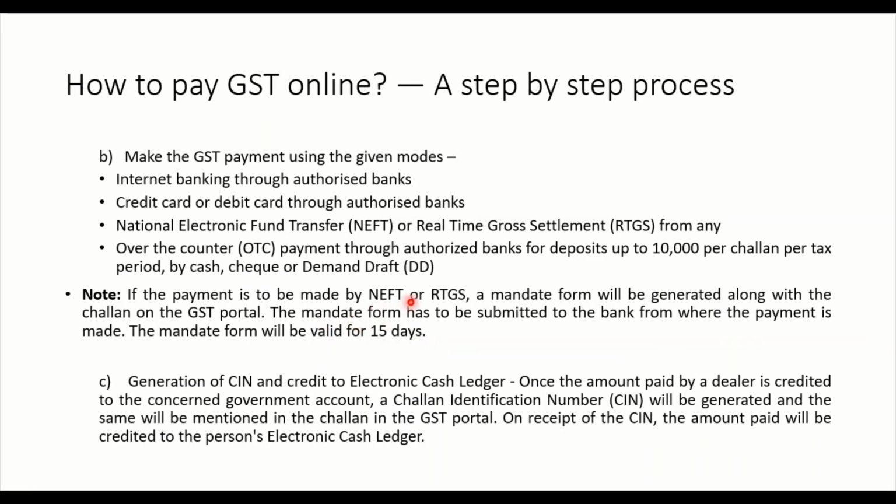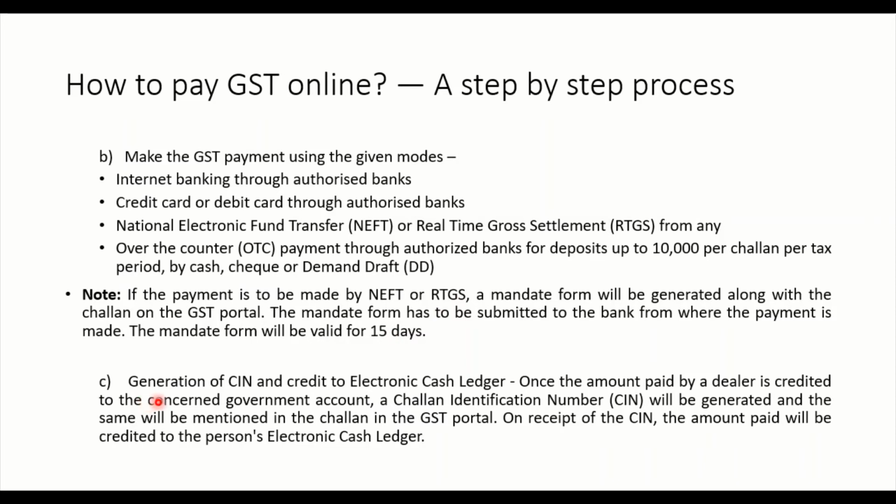If you want to make GST payment through NEFT or RTGS, you have to generate a mandate form on the GST portal, because NEFT and RTGS have a unique transaction number, and it takes time to know that the transaction was yours. That mandate form will be used and is valid for 15 days. Within those 15 days you have to make the payment through NEFT or RTGS.